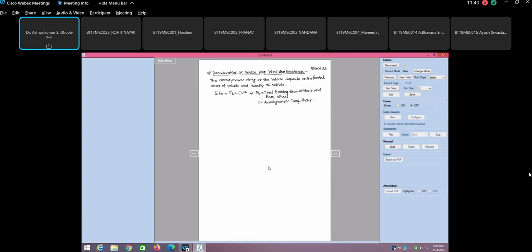So if we do the summation of the force balance, then we can say that this is the horizontal surface on which the vehicle is moving. This is the front and rear wheel of the vehicle.